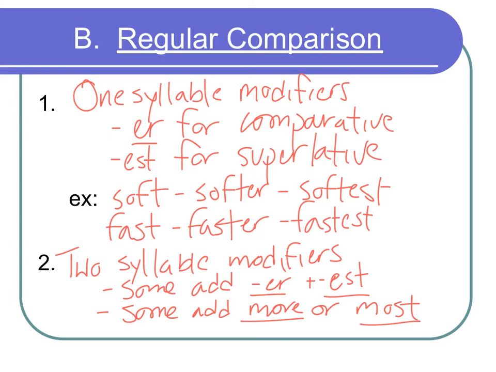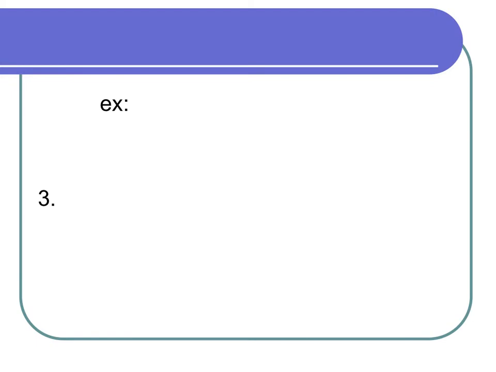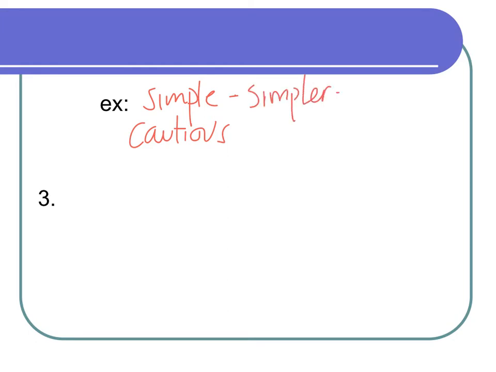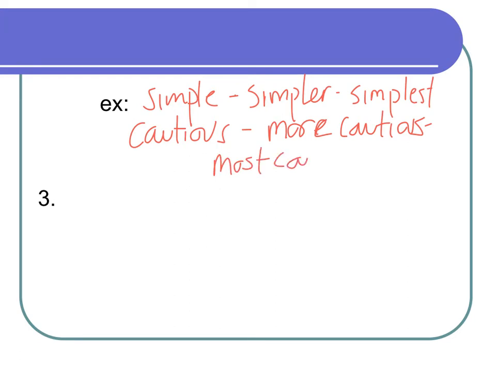It depends on the word. Okay? I'll show you what I'm going to talk about on the next slide. So let's take a word like simple. Okay, and then we'll take another word like cautious. All right? Simple, the comparative is going to be simpler. And the superlative is going to be simplest. But cautious, for the comparative, you're going to say more cautious. And then for the superlative, most cautious.